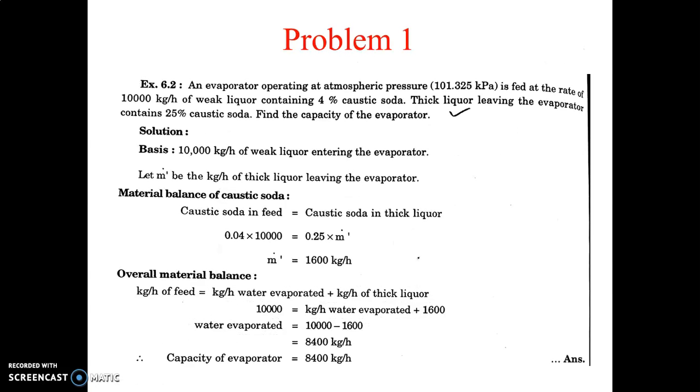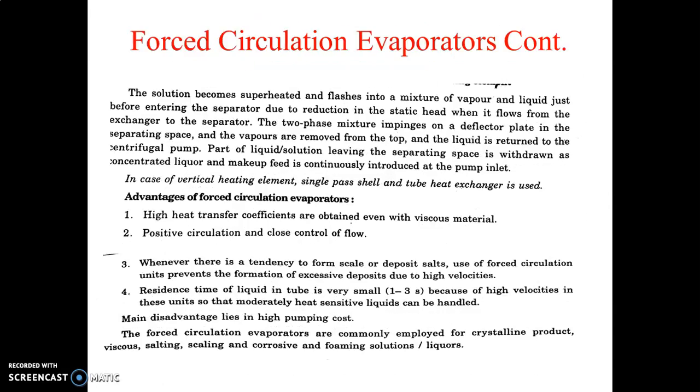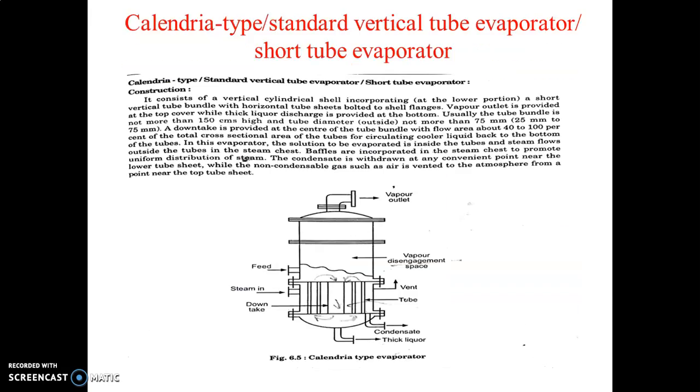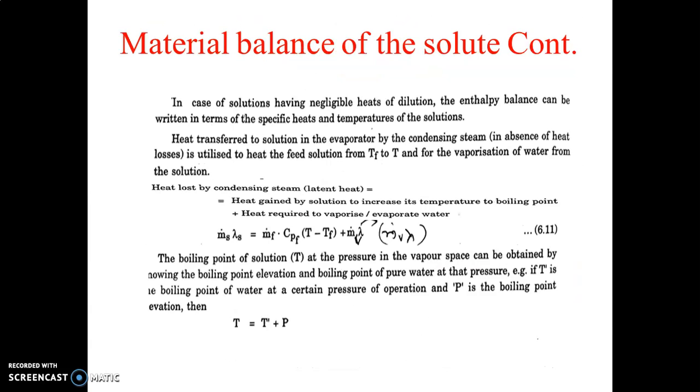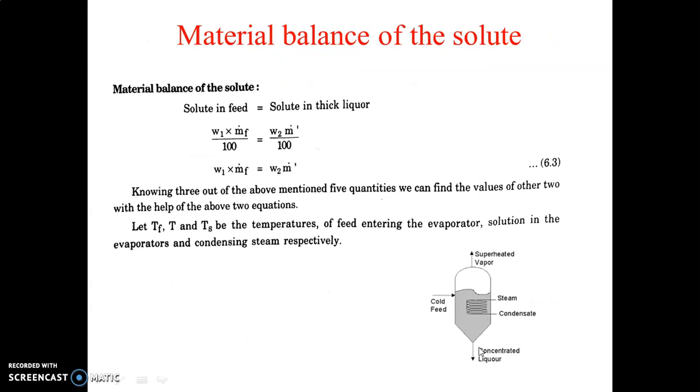Then we will discuss the problem. Before going into the details of the problem, you have to just recall these two equations that I had already discussed with you. The overall material balance: kg per hour of feed is equal to kg per hour of water evaporated plus kg per hour of thick liquor, and this is the solute balance: solute in feed is equal to solute in thick liquor.